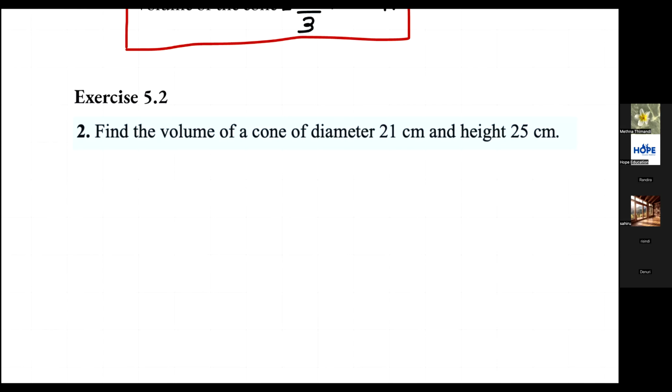So, what's the volume you got for this one? Not yet. Who has finished?